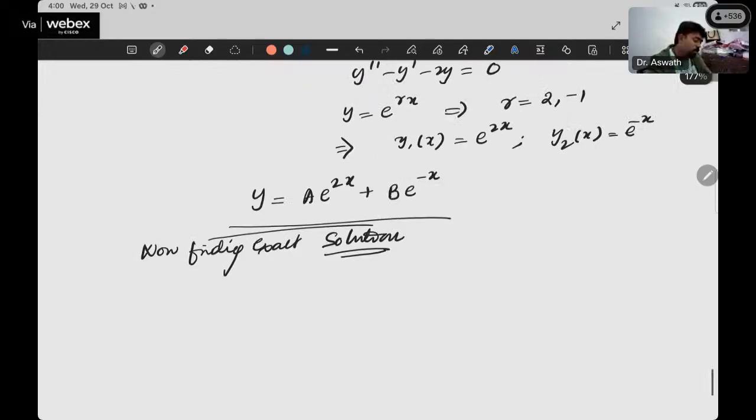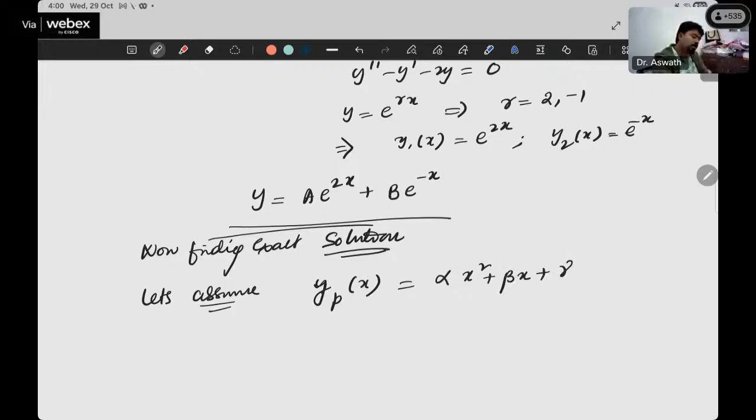So what I will do is assume y p of x is equal to alpha x square plus beta x plus gamma is the solution for the non-homogeneous differential equation.